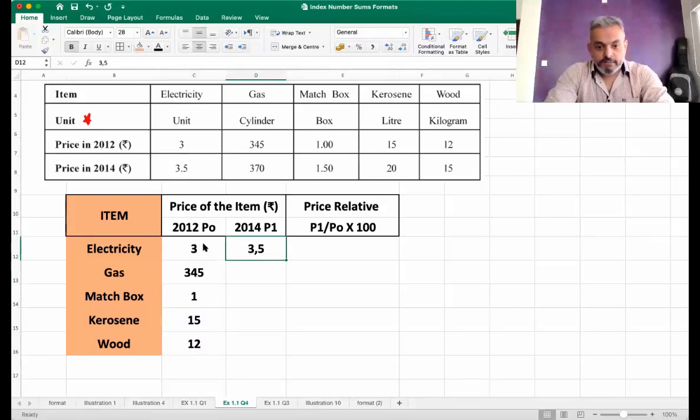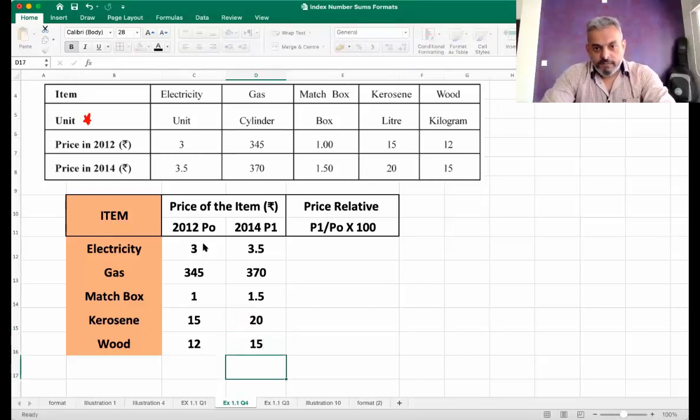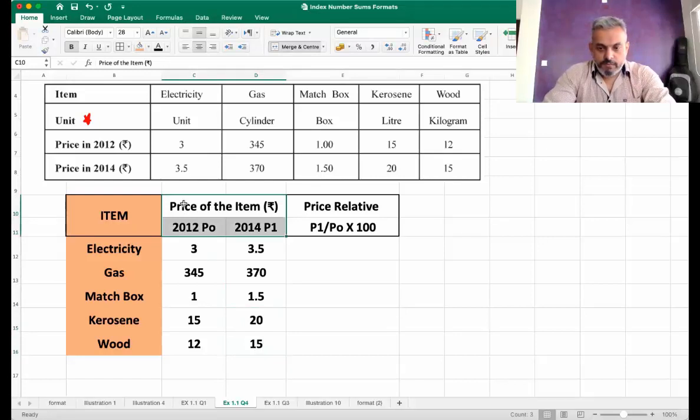Then 3.5, then 370, then 1.5, then 20, then 15. Now, let's proceed.